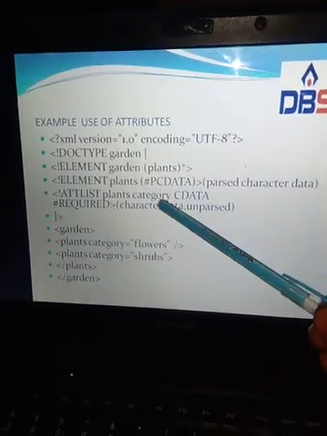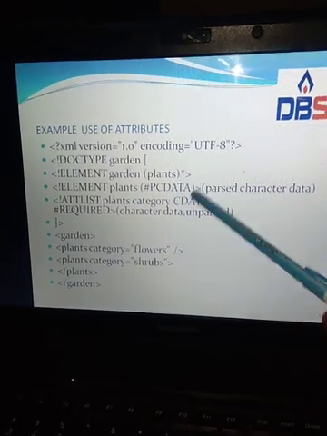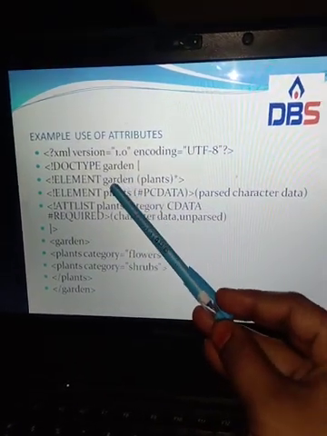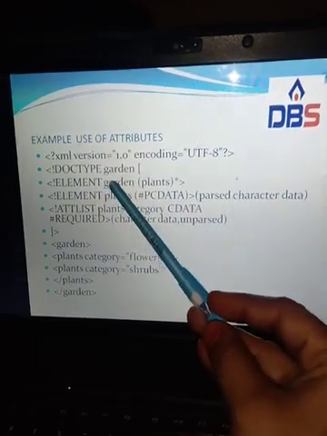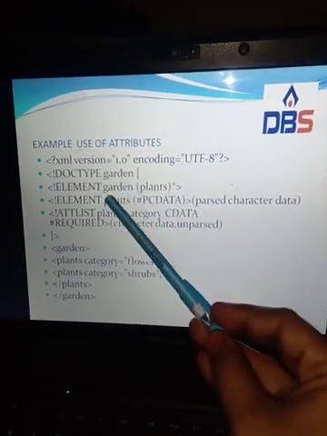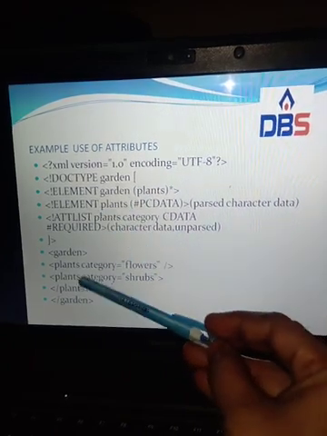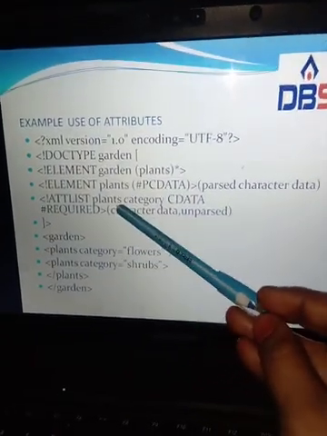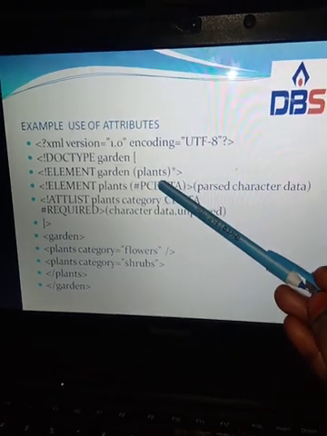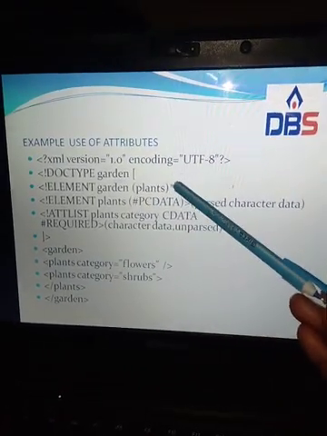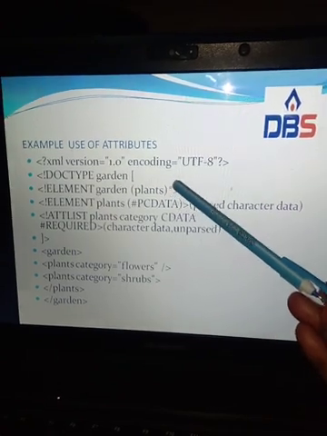Next, this is the use of attributes. Here we take an example. I take a garden; the document type is garden. DOCTYPE is document type. In that garden these are the elements. In the garden we take some plants. Plants with a star means one or more, one to many plants.